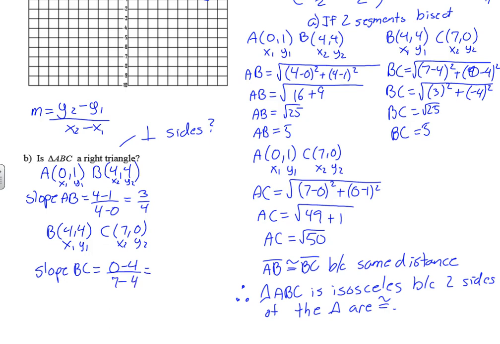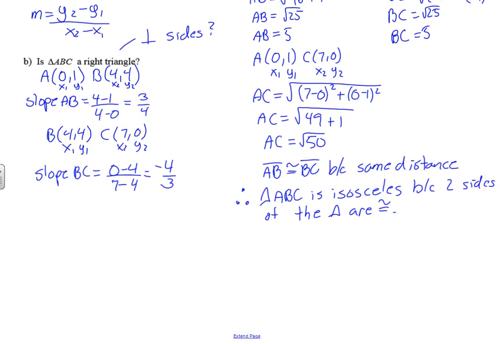And so we have -4 over 3. Whoa, look at that. You want to simplify those. They are simplified in this case. The slope of AB is 3/4, the slope of BC is -4/3. Those are negative reciprocals.